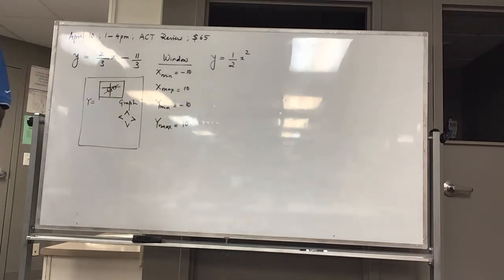Good? Yes? Mine looks like that. Okay. I think your mode is different. And next thing is, you do 1 divided by 2, and you forgot x squared.